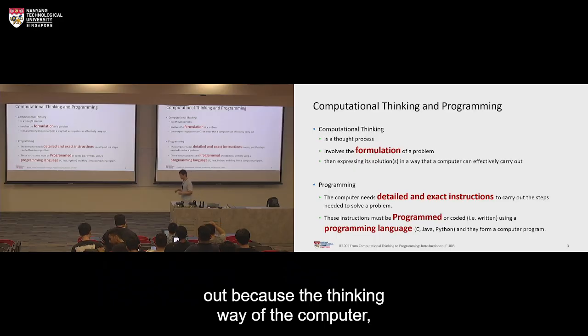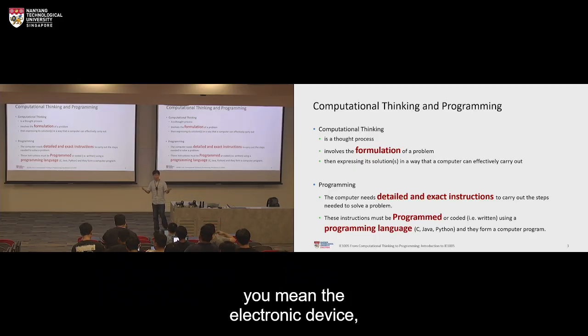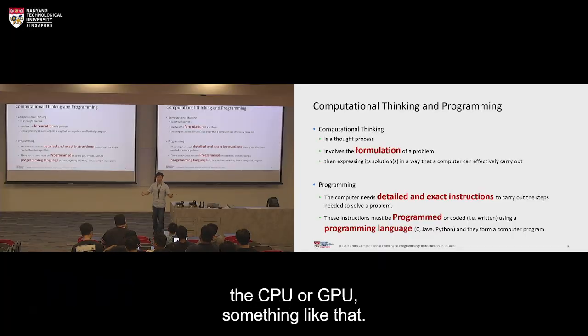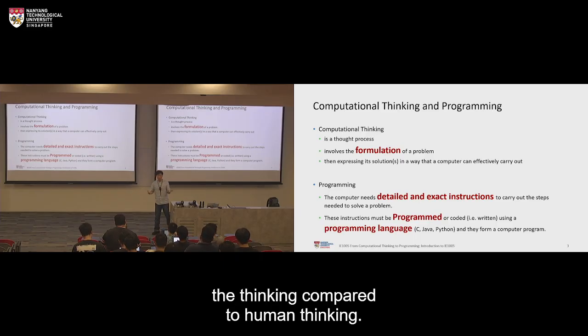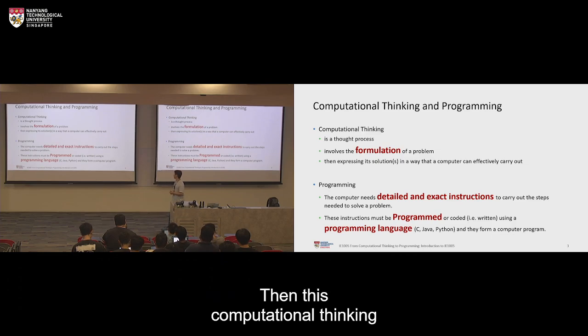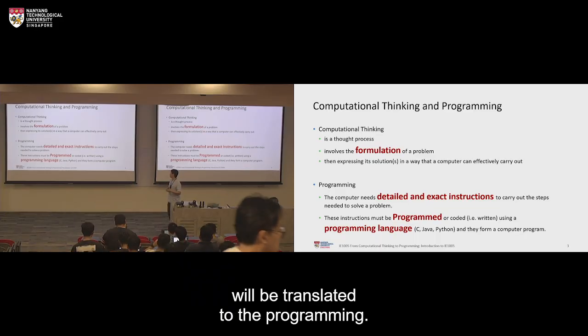Because the thinking way of the computer, meaning the electronic device, the CPU or GPU, something like that, has a different structure compared to human thinking. All right, then this computational thinking will be translated to programming.